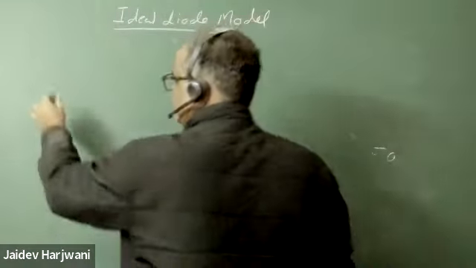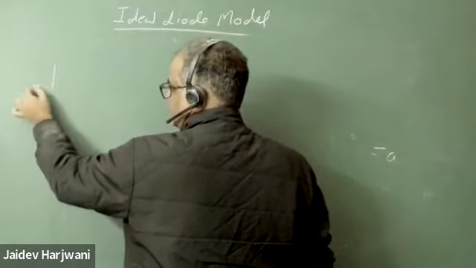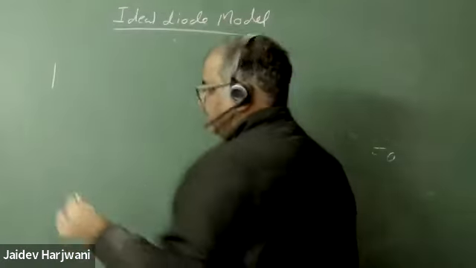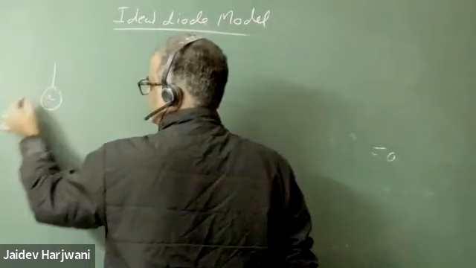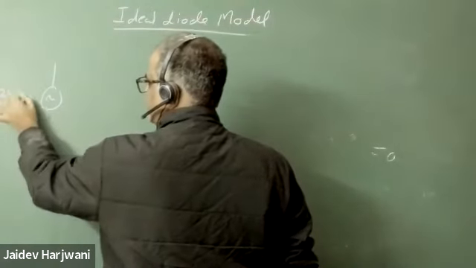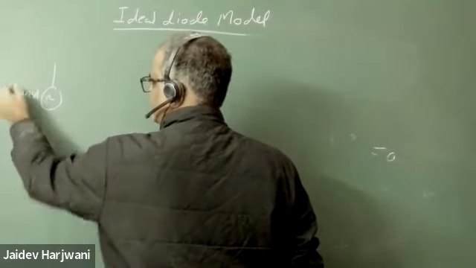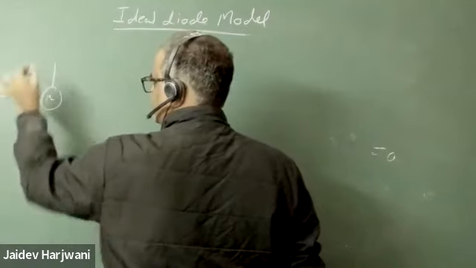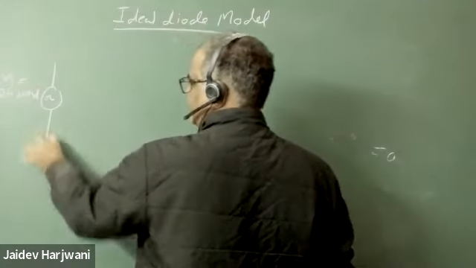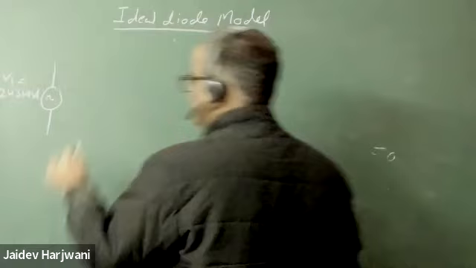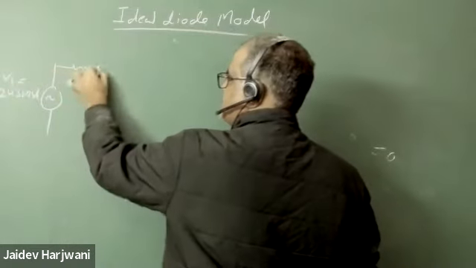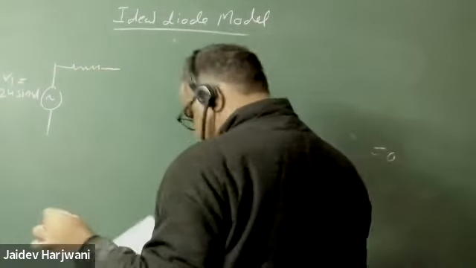Now you have been given one circuit. You have been given a sine wave. Your V input is 24 sine omega t, and you have been given one resistor.